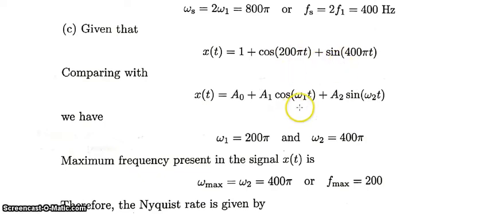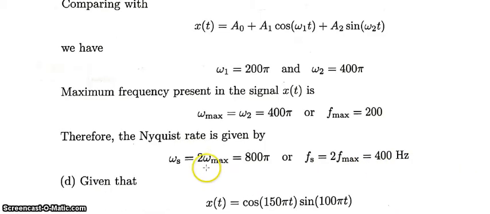In that case we have ω1 as 200π and ω2 as 400π, and the highest frequency component present is ωmax = ω2 = 400π, or fmax = 200. Therefore the Nyquist rate is ωs = 2ωmax = 800π, or fs = 400.